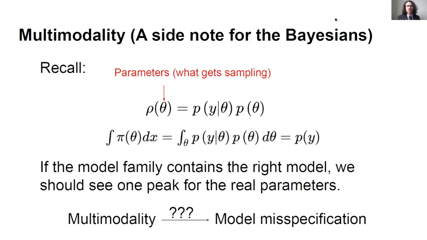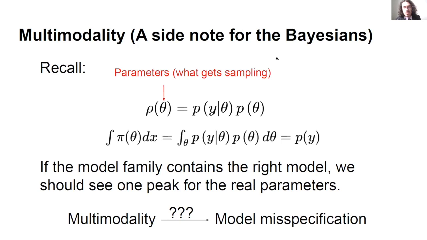So if you're seeing multimodality, one reason could be that you didn't choose a good family of models, and you're trapped between comparably bad solutions.